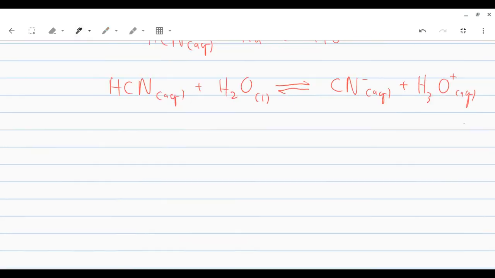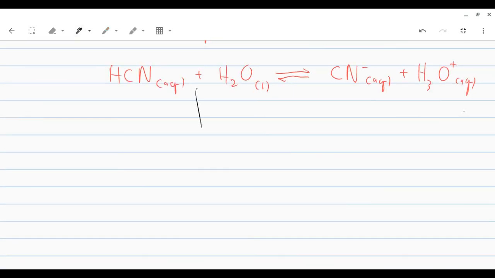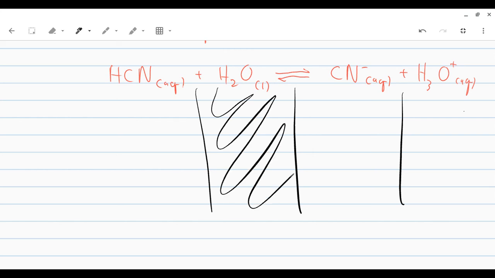We're going to split this ICE table up like any other ICE table. Forgive my lines. And we're actually going to blot out the water. The reason we're doing this is that water is liquid. Because it's liquid, it doesn't factor in to the Ka formula at all.